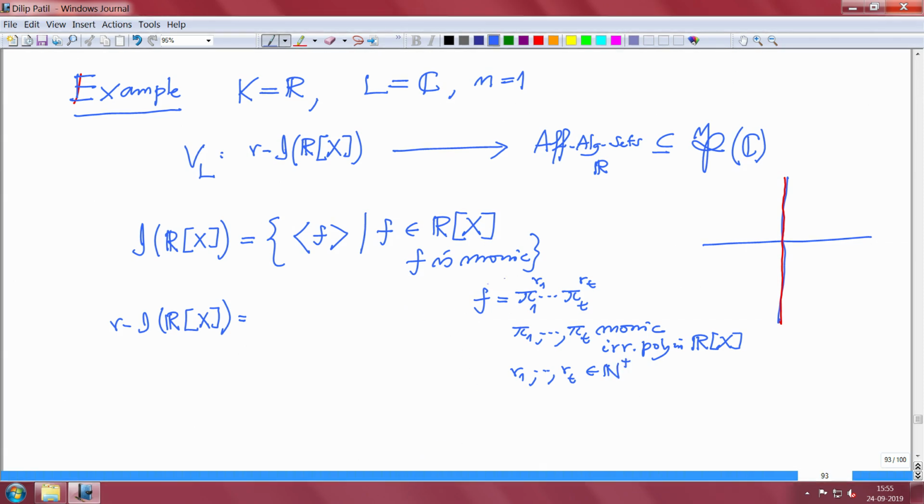Every polynomial you can write uniquely like this. These p_1 to p_t are called the prime factors of f, and r_1 to r_t are called the multiplicities of the p_i's.